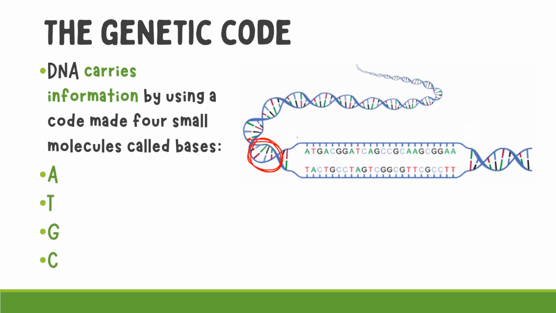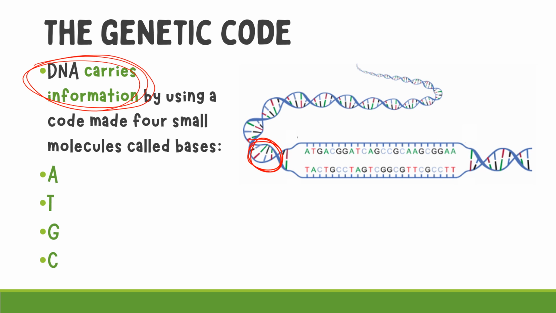And it's the order of those 4 parts that we call the genetic code, because those 4 different parts are arranged in an order, like words in a book, and that's how DNA can actually carry information rather than just being a molecule, like the majority of molecules are.